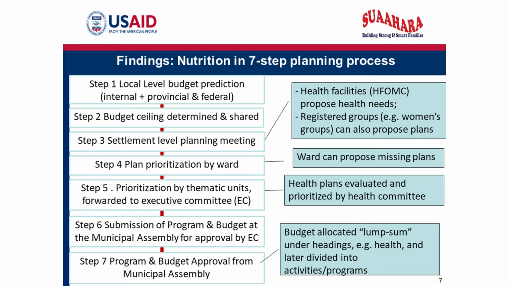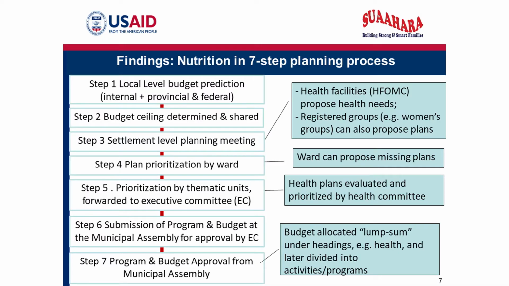Then the ward goes to the communities, to the settlements, to the people, to understand what their needs are. It is at this point that community people can bring in nutrition needs, asking for budget, but not just community people. The Health Facility Operation Management Committee, mothers groups, FCHVs, they all can come forth with nutrition-related demands.